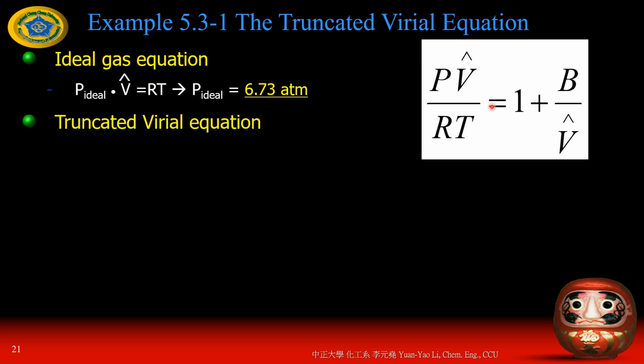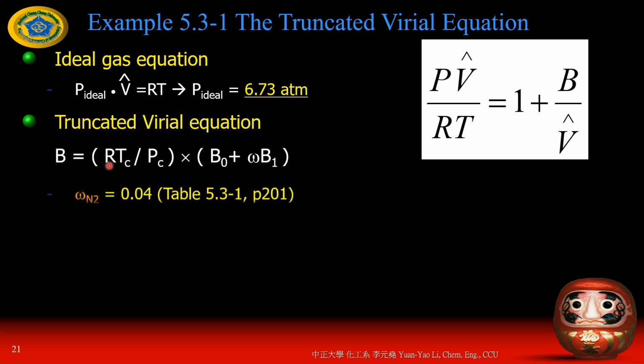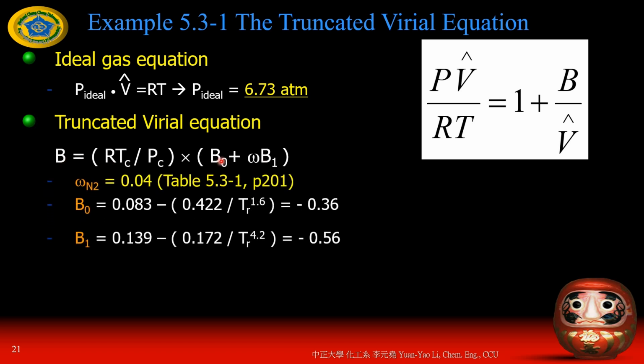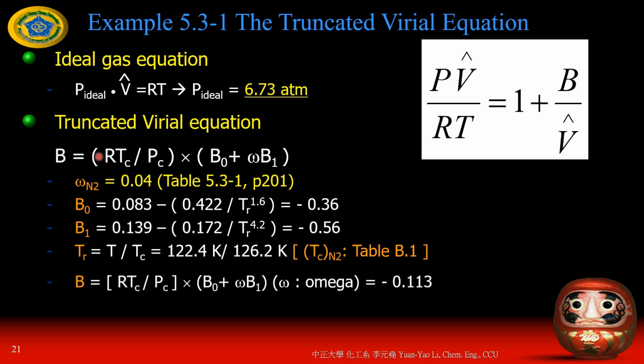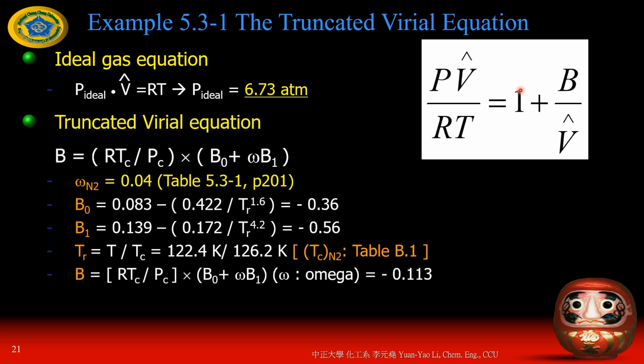Please do this by yourself, I don't want to waste your time. For the truncated virial equation of state, you just use your calculator, put in this B, and eventually you get a pressure of 6.19. The example tells you to assume this is correct.